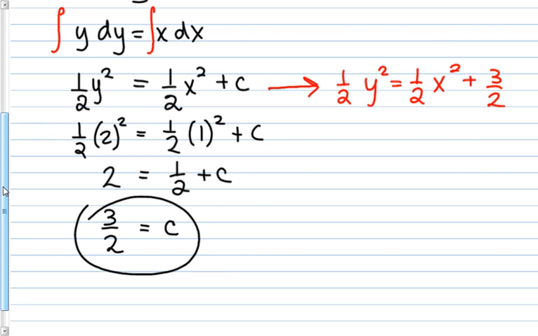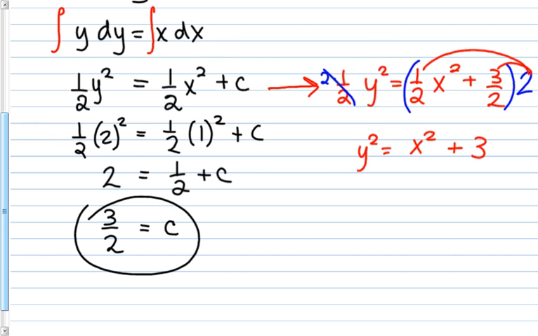So first order of business would be to multiply both sides by 2. By doing so, I get rid of the 1 half. So y squared, and that's why I did it, of course. And 2 times the 1 half here is just 1, so x squared. And then 2 times 3 halves is just 3.